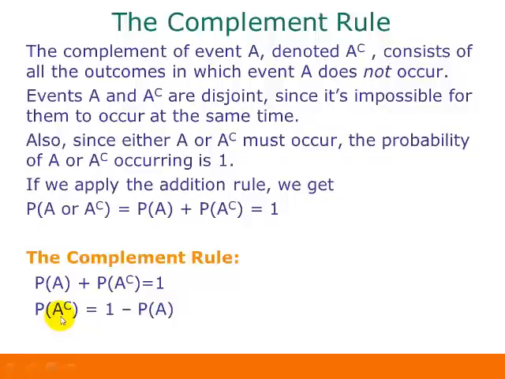So if we solve this for the probability of A complement, we get 1 minus the probability of A. If we solve it for the probability of A, we get 1 minus the probability of A complement. So the first one is the formal complement rule. These two other ones are how we usually use the complement rule.